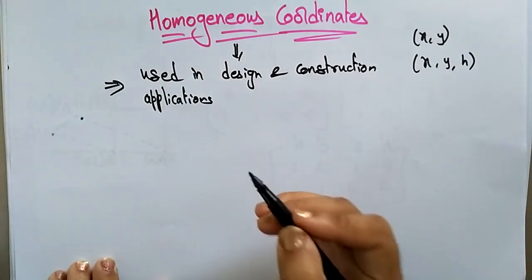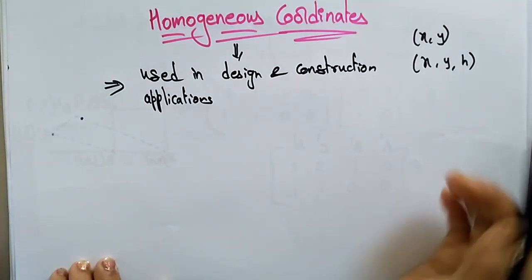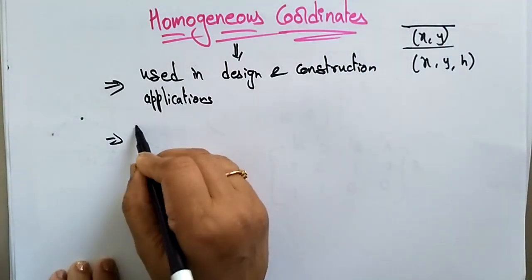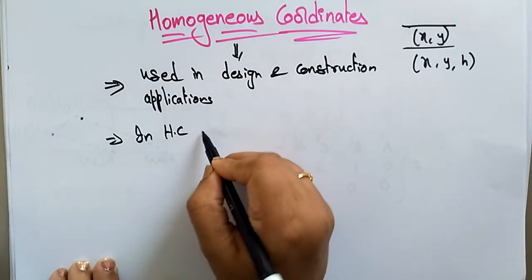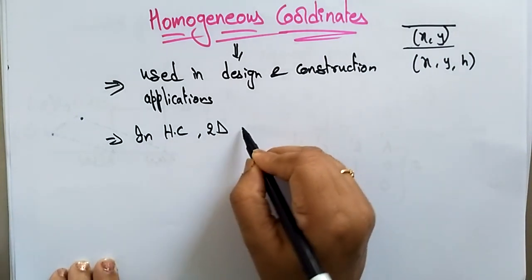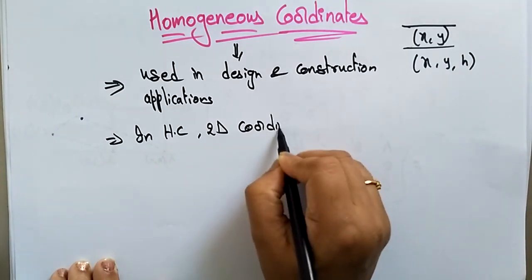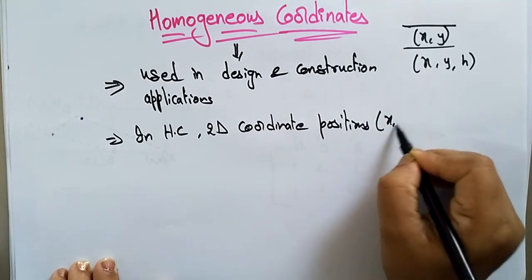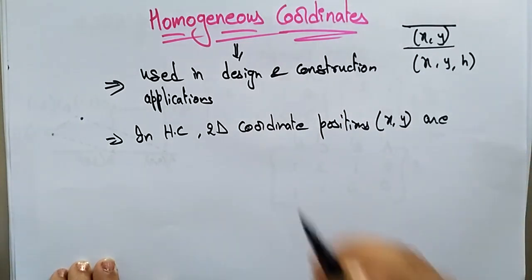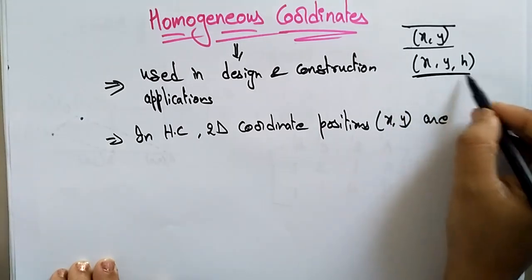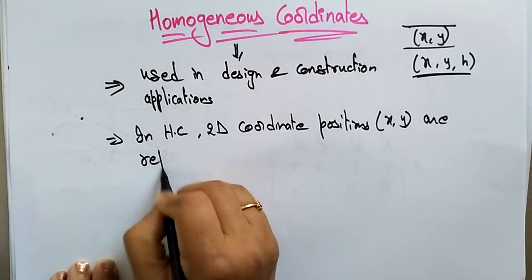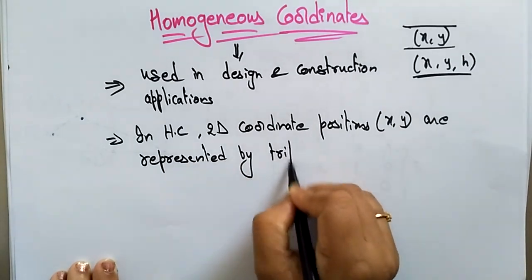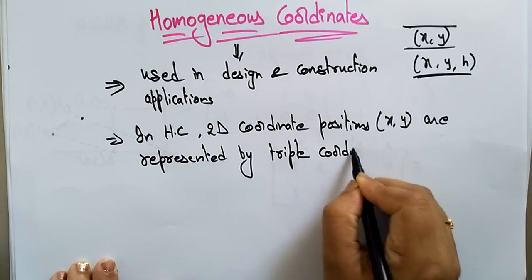In the homogeneous coordinate system, a two-dimensional coordinate, so whatever I said, the x, y, these are the two-dimensional coordinates, position that is x comma y, is represented by triple coordinates.